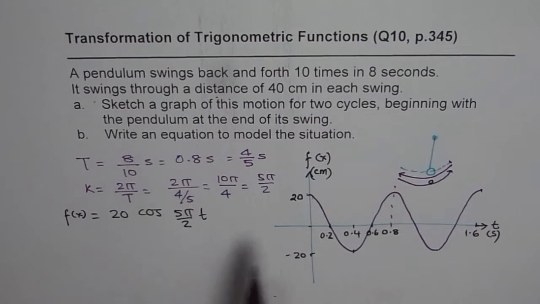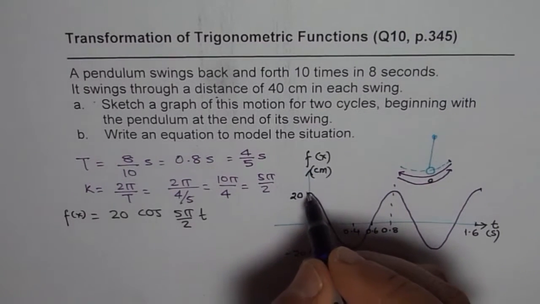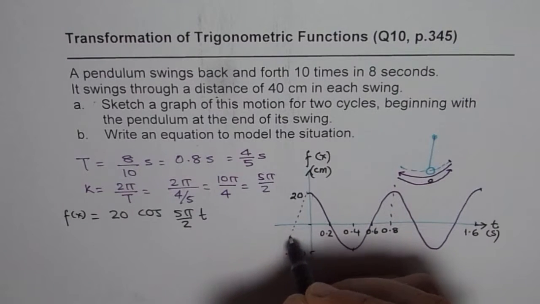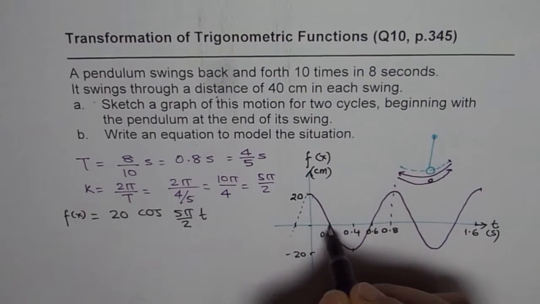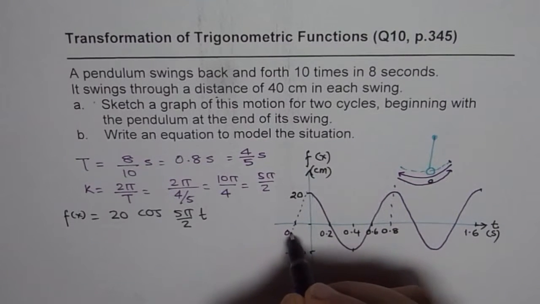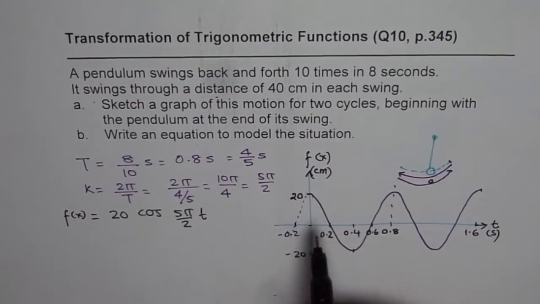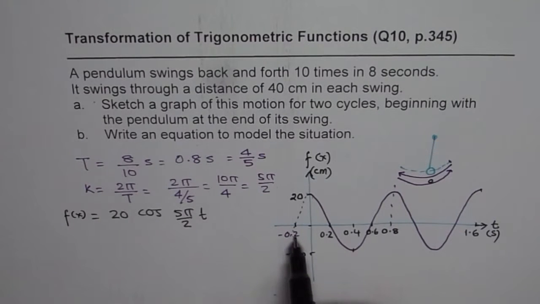But in case you want to write the same equation in sine, let us see what happens before this. If you continue this graph on the left side, you'll find from the symmetry that it should be at minus 0.2. So the sine really starts 0.2 seconds earlier.